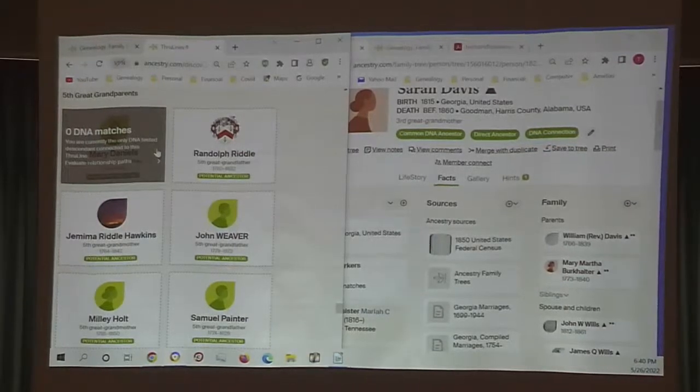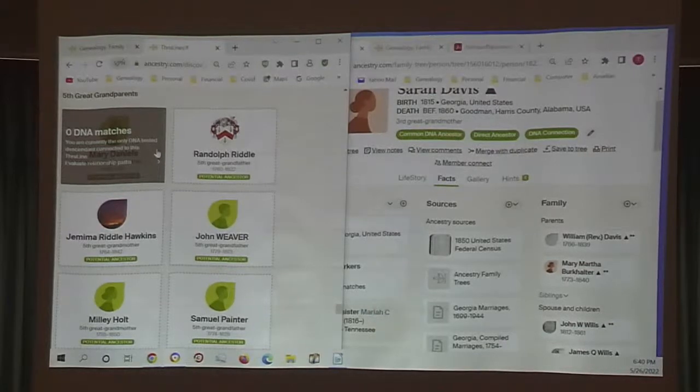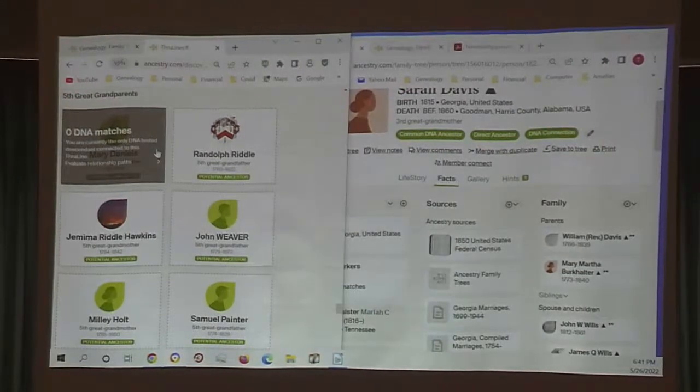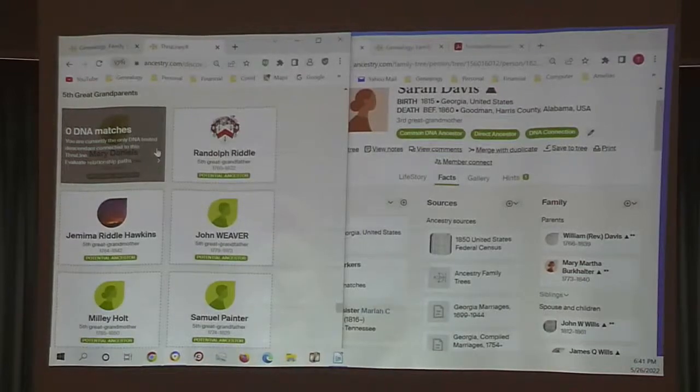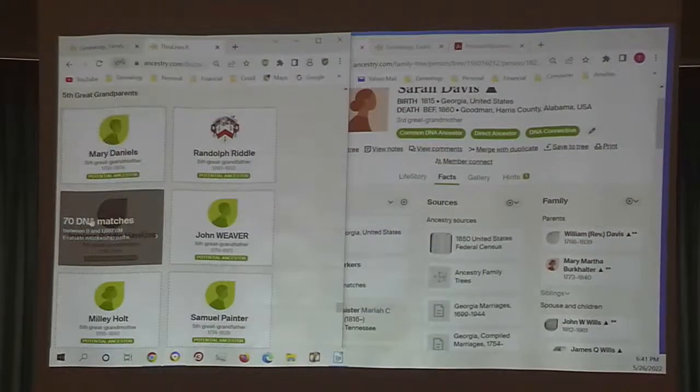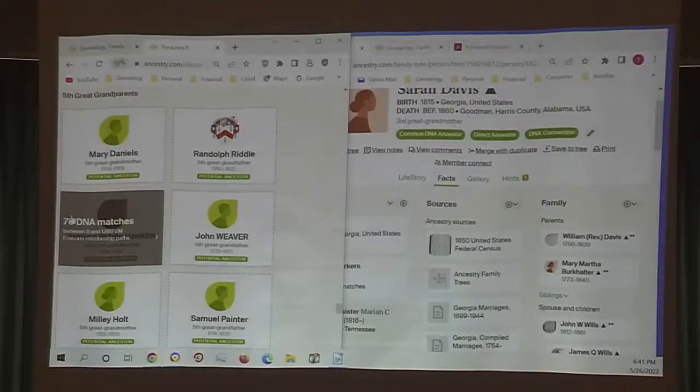So that's where you have to do some research and find out. Now, I may have gotten that name from somebody else's tree. We all do that. We look at somebody else's tree and we take it for gospel. But you've got to remember, this was back in 1758. What were the records like in 1758? Not very good.